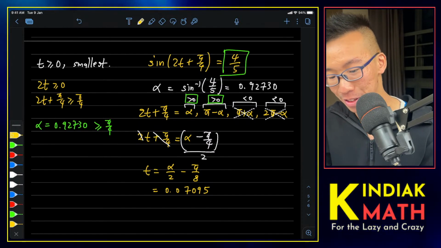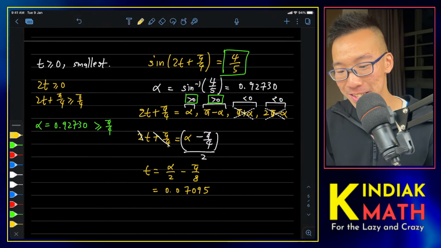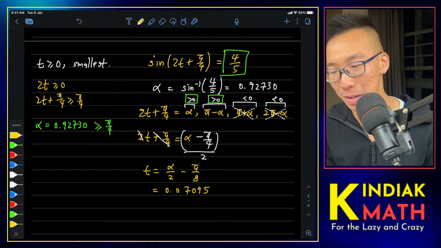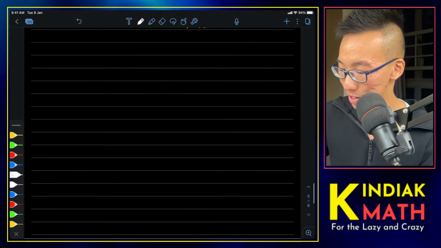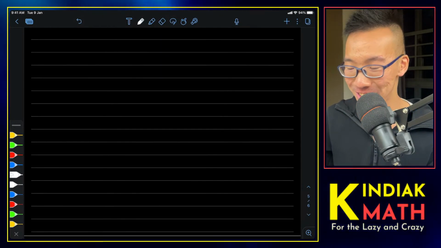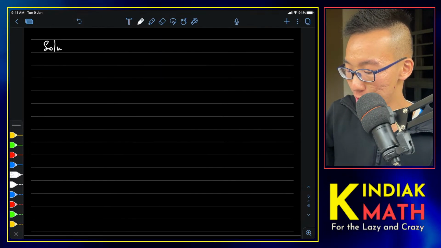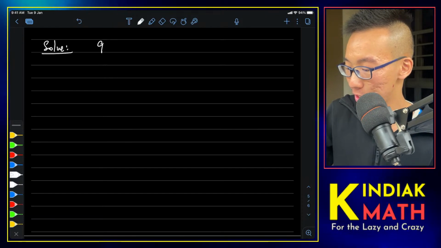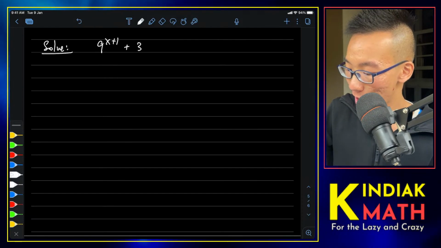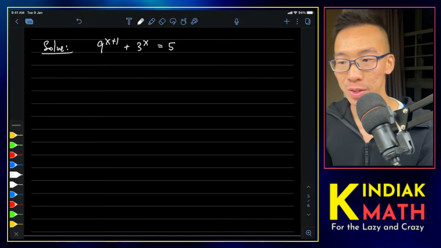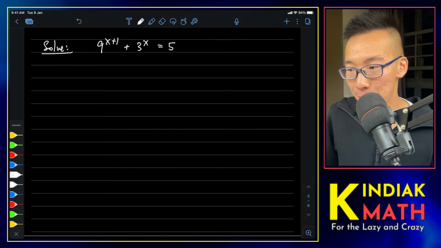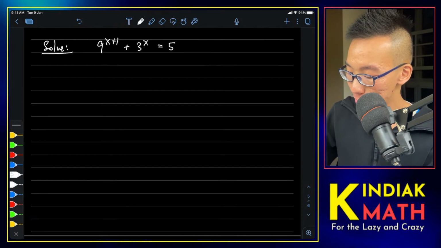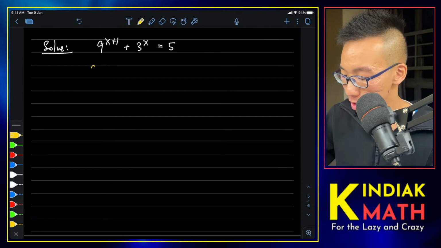Finally, we are left with the hardest set of questions which take up the most amount of effort. So the first part of the more challenging questions is to solve this equation, which looks a little bit annoying, but with some thought we can see that 9 can be written as 3 squared.